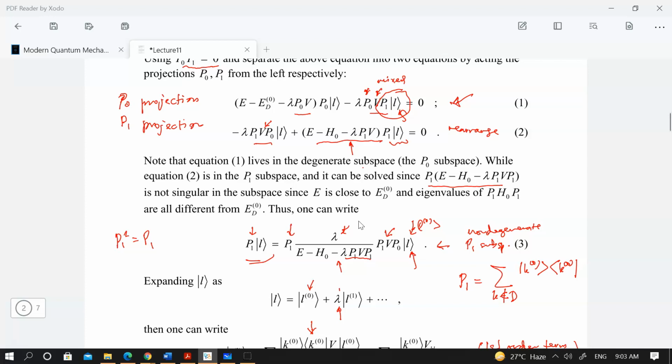When you substitute this, which is actually in the P1 subspace, this is still an equation. Okay, this is P1 subspace. This is still an equation in the P0 subspace.